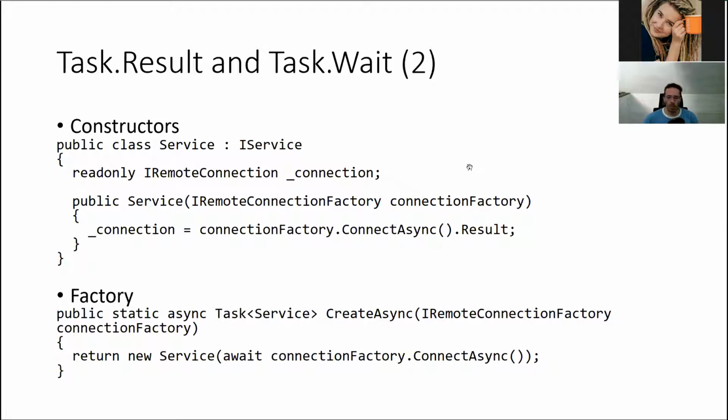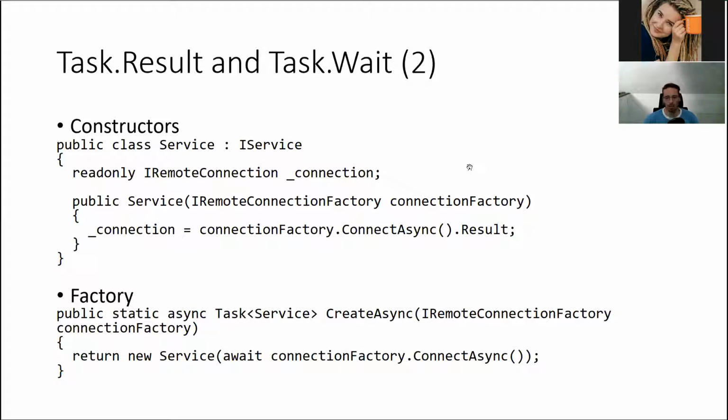And one way to do it is a factory. I know it's weird and sometimes it could be difficult, but you basically say, okay, I need to create some object and I need to create it asynchronously. So I create a factory for it, because a factory is just a simple method on some class. So my code on top with the constructor is basically saying connectionFactory.ConnectAsync().Result, and it's going to block and throw an aggregate exception and all this stuff. What I can do is create a public static method called Create or something like that.